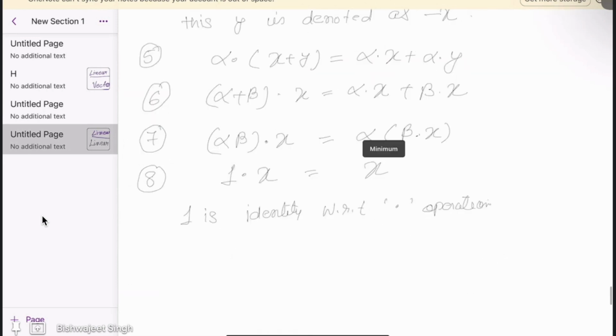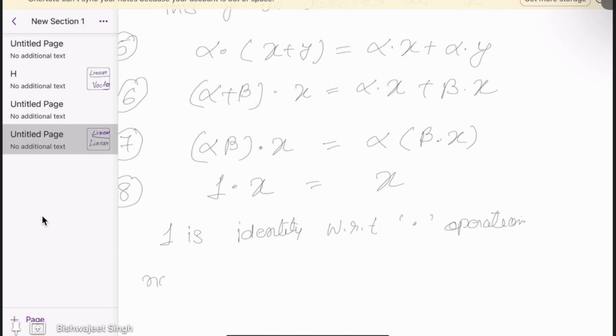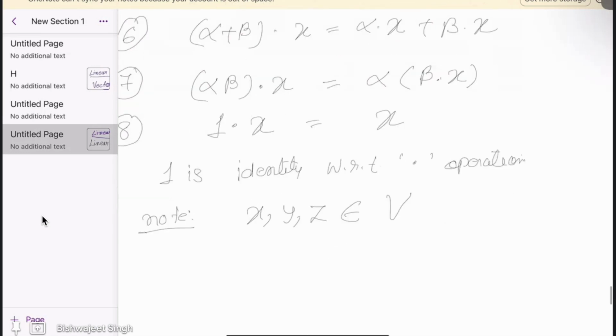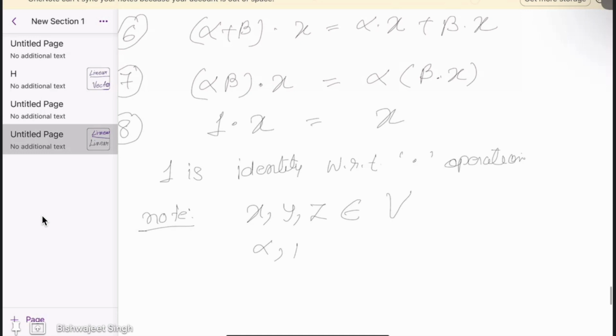Now here obviously note that this x, y and z are the elements of V, the set V, and this alpha and beta belong to the field F, or in this case we have taken the field as R.